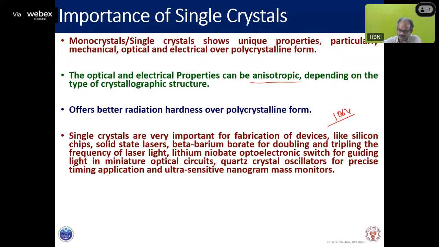Then you have quartz crystal oscillators in all the precise watches. Wherever quartz is written, you must understand that a quartz crystal is used in these clocks in order to measure the time precisely.